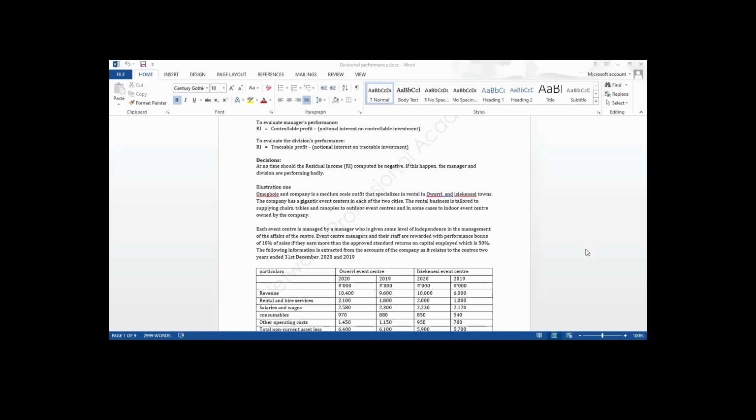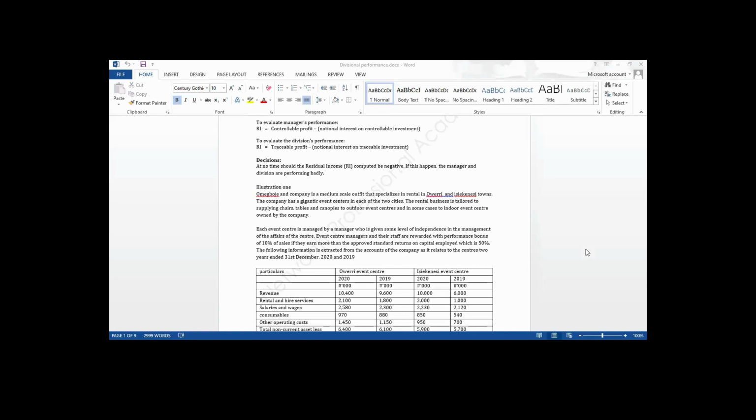Each event center is managed by a manager who is given some level of independence in the management of the affairs of the center.